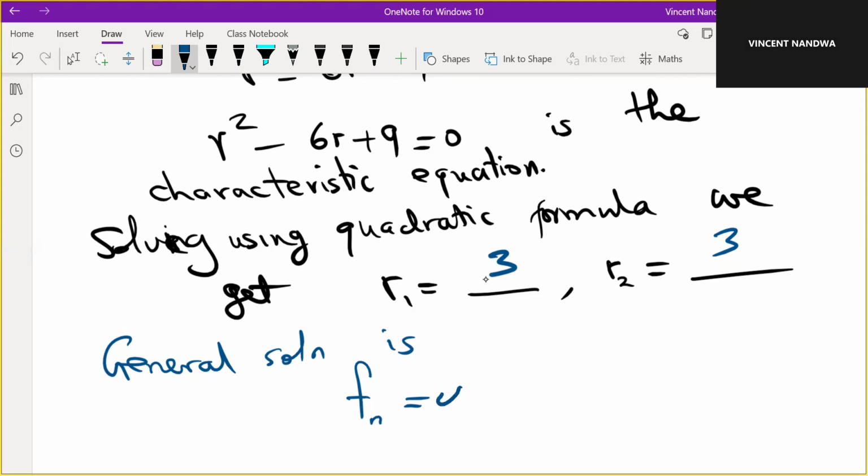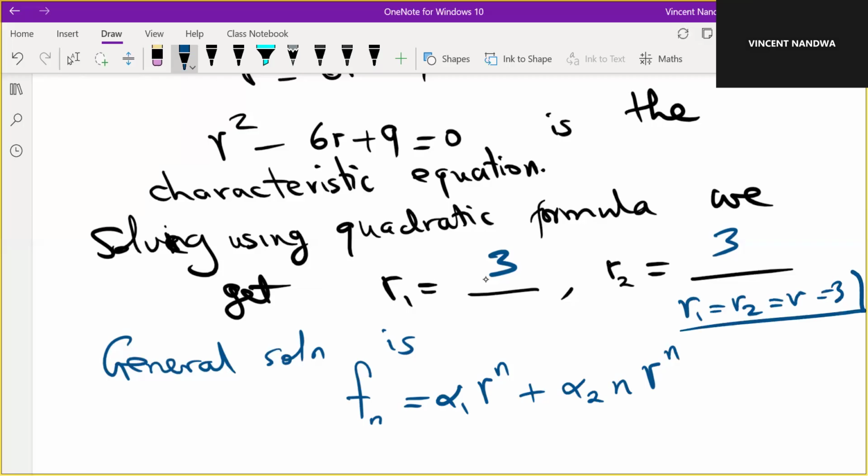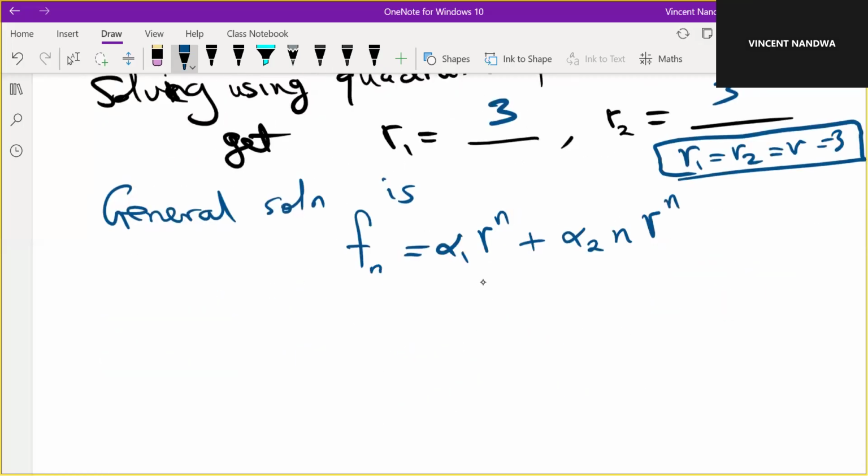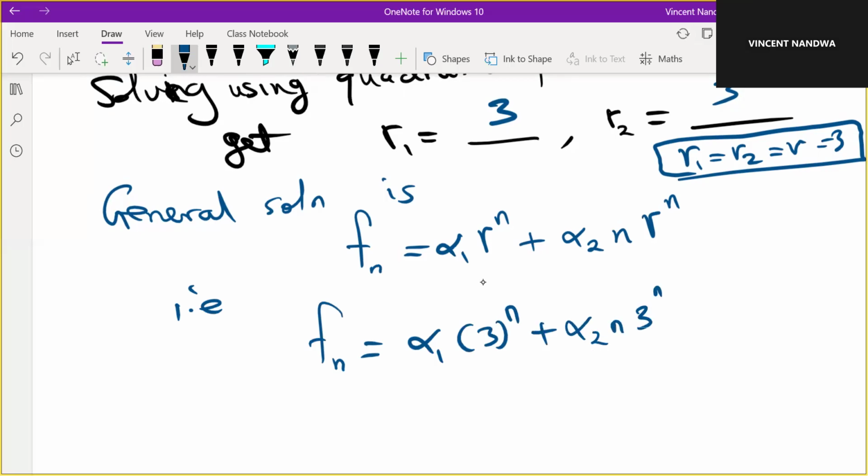So I'll have alpha 1 r power n plus alpha 2 n r power n. So remember R1 equals R2 equals just R, which is 3. So then Fn is alpha 1 3 power n plus alpha 2 n 3 power n.